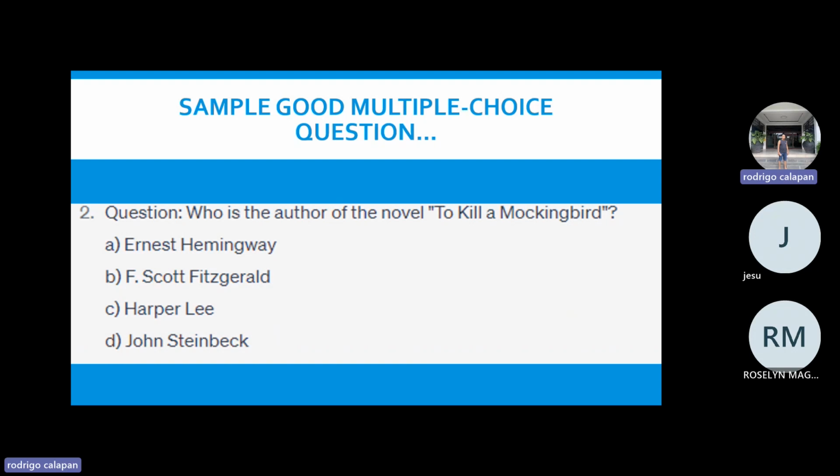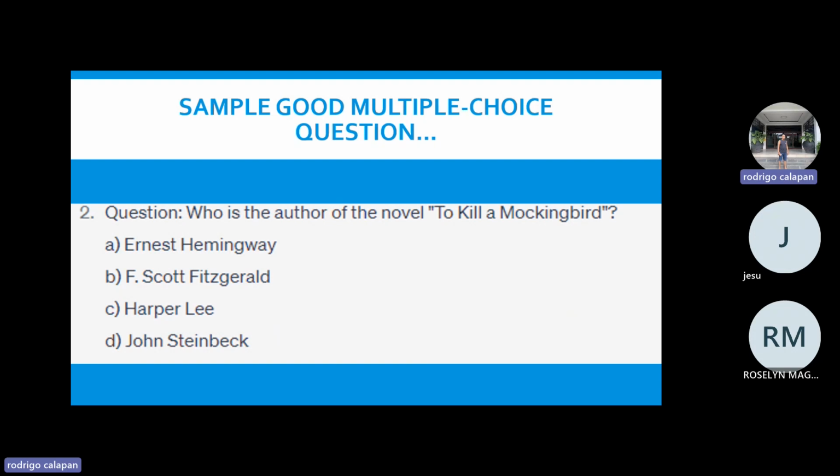Another sample good multiple choice question: who is the author of the novel To Kill a Mockingbird? Ernest Hemingway, F. Scott Fitzgerald, Harper Lee, and John Steinbeck. So this question tests students' knowledge of a specific literary work and its author.